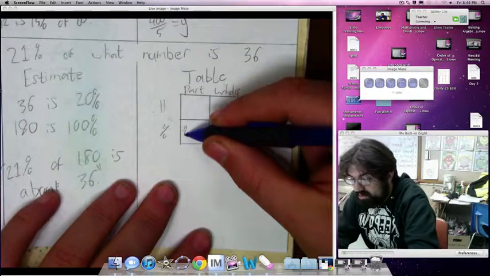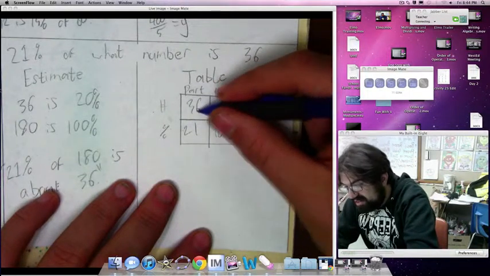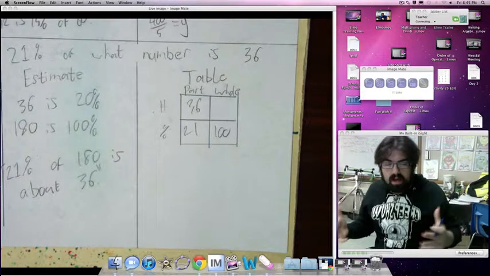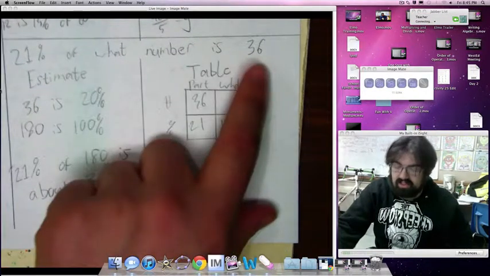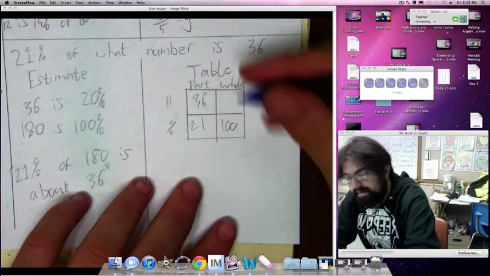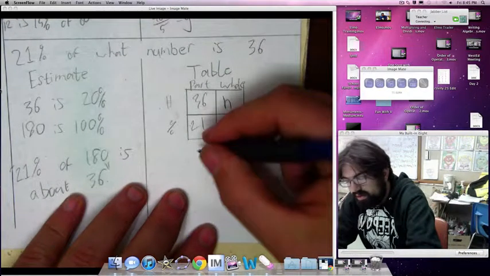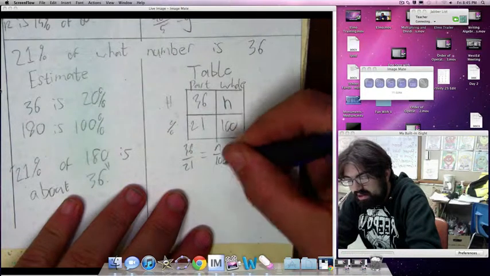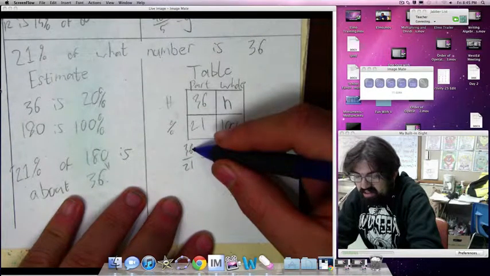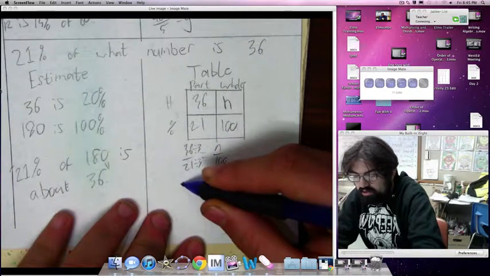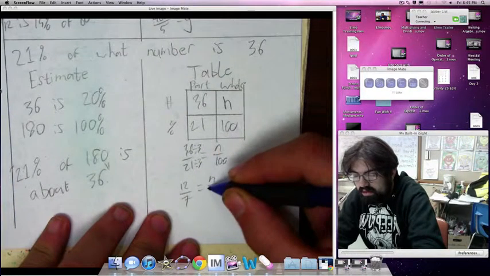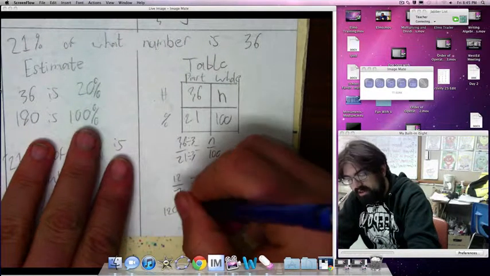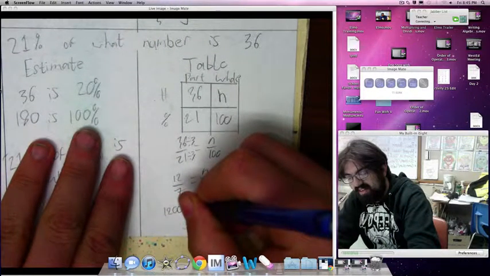We've got 21%. 36 is that, right? Because they're asking 21% of a number is. So they've got 21 is 36 basically. Let's call it n. 36 over 21 is equal to n over 100. I can divide top and bottom by 3. So this is 12 over 7, n over 100. 1,200 is equal to 7n. Divide both sides by 7.